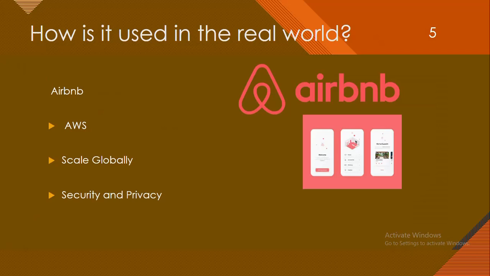So, a real life example of this is Airbnb. It was kind of a shock when I found this out, but yeah. Airbnb serves millions of people daily across the world. To deliver a fast and reliable experience, they use cloud infrastructure, in particular Amazon Web Services, to store and deliver content such as photos, maps, and listing details.